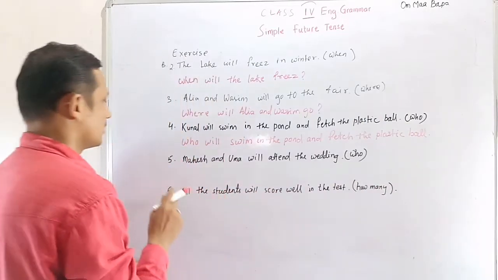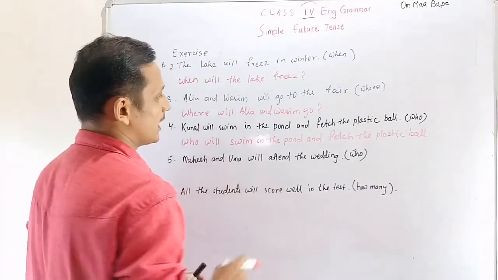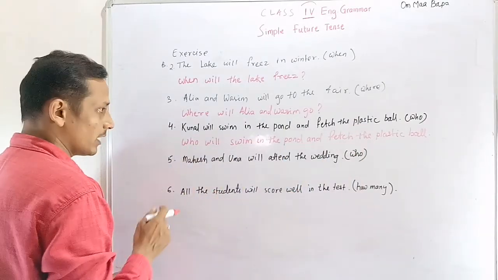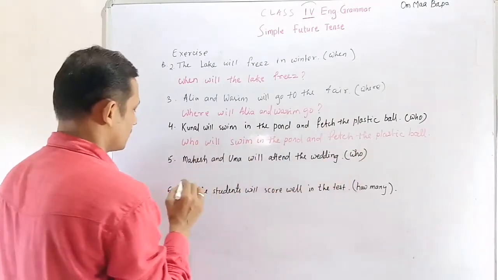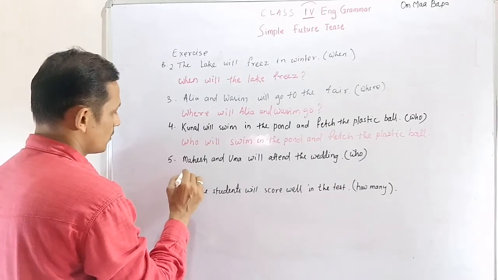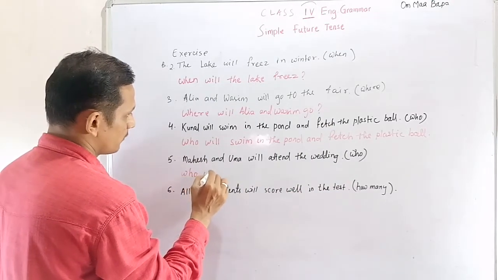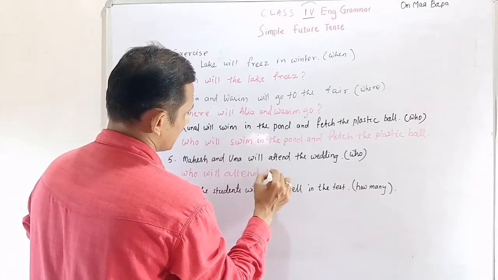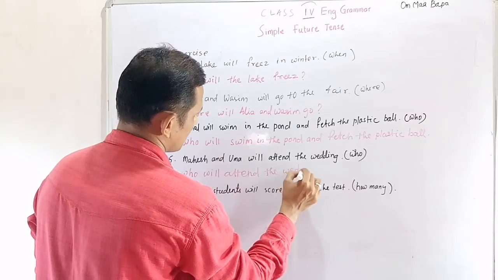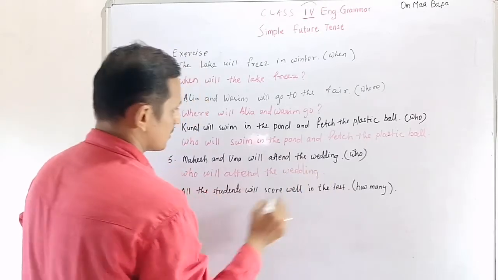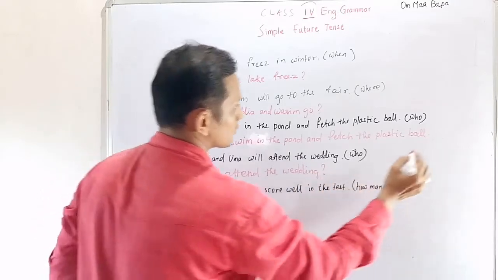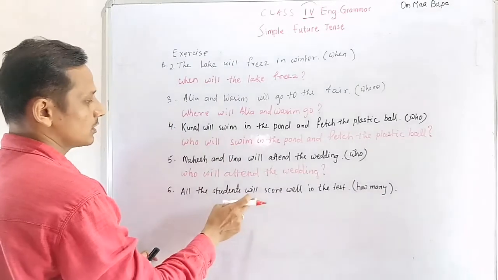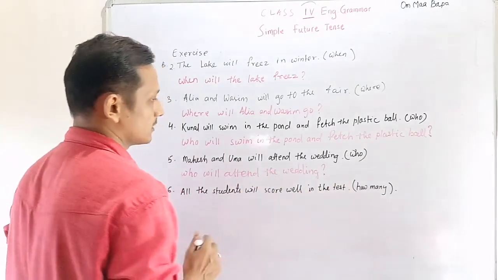Okay. Number 5, Mahesh and Uma will attend the wedding. We need to make a question sentence using who. Who will attend the wedding? And the question mark at the end of the sentence. All the students will score well in the test.